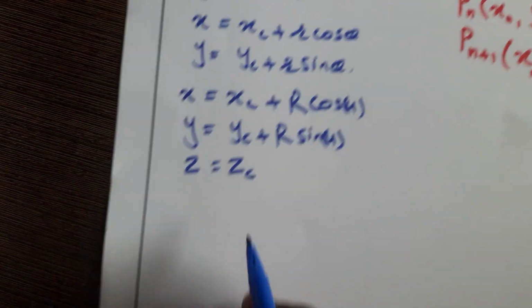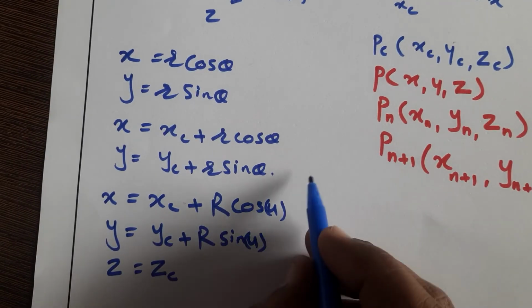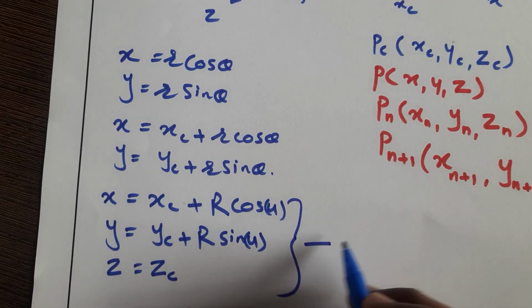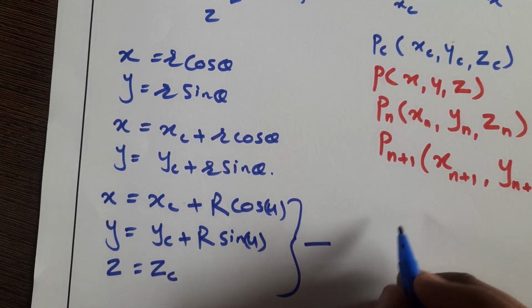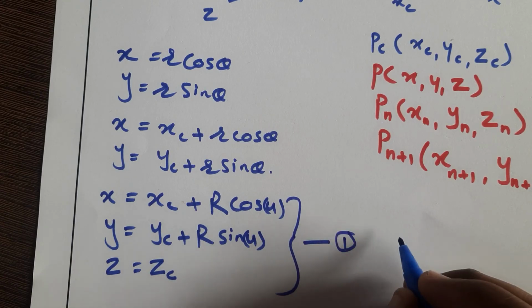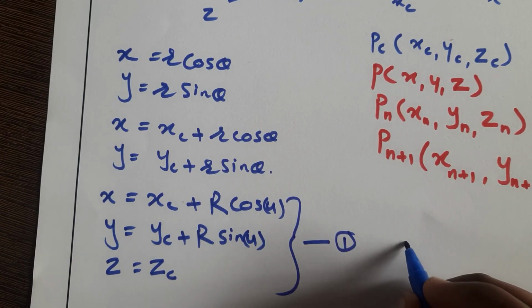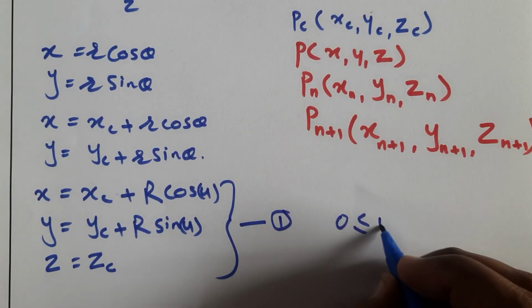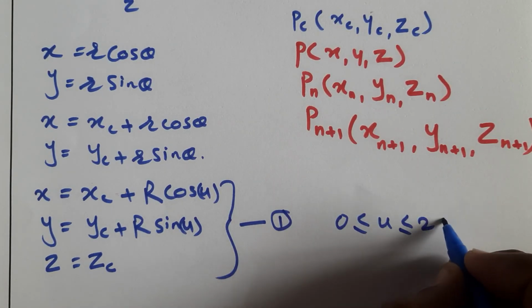So we will write here z is equal to zc. So this equation is nothing but the parametric equation of circle. Let us call this equation number 1, and this is a parametric equation, and here u is in between 0 to 2 pi.